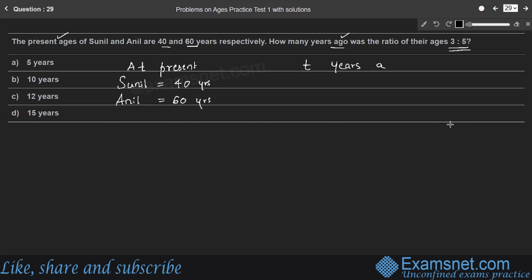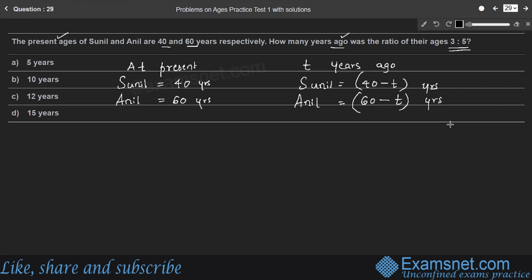T years ago, the ratio. So we need to find the value of T here, right? T years ago means before T years. Sunil's age was 40 minus T years, whereas Anil's age was 60 minus T years, right?